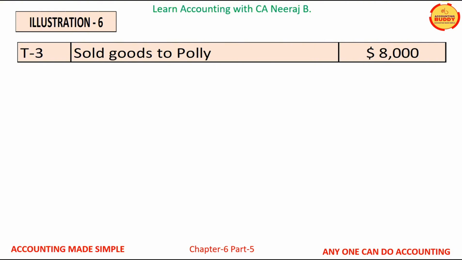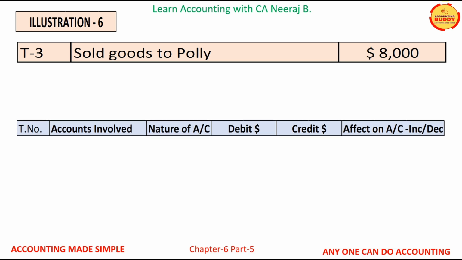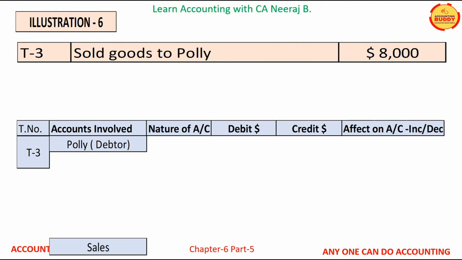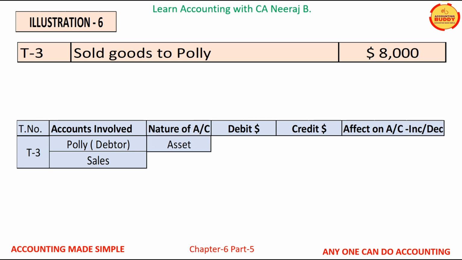Transaction T3 is goods worth $8,000 are sold to Polly. Now, when we analyze this T3 transaction, the two accounts which are getting affected are Polly's account and sales account. Polly's account is a debtor account as the goods are sold on credit. Now, Polly's debtor account is an asset account while the sales is a revenue account.